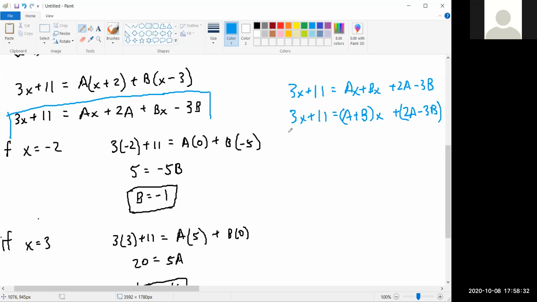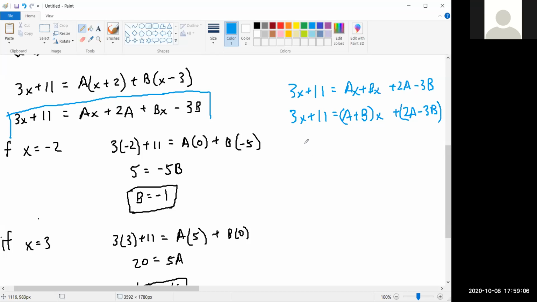Now, when I read it like this, can you guys see what two equations you can make out of it? I guess you can make a plus b equal to 3x, and then 2a minus 3b equal to 11. A plus b will actually just be equal to 3.